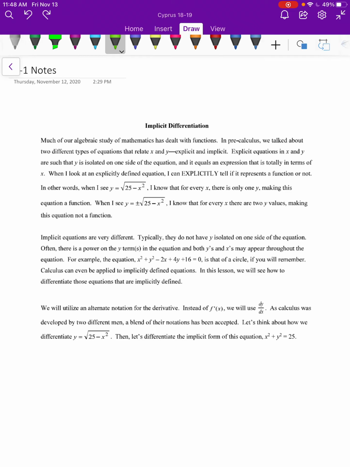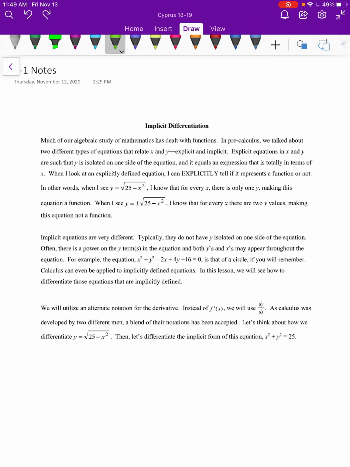For example, when you look at y equals the square root of 25 minus x squared, you know that for every x value, there is only one y value, which makes this a function. But when you see y equals plus or minus the square root of 25 minus x squared, for every x value, there are two y values, the plus and the minus version, which means this is not a function. So explicit equations have y isolated.